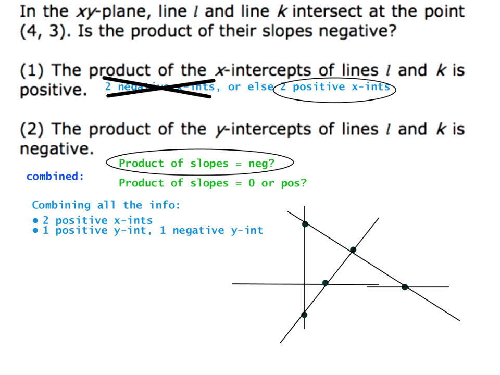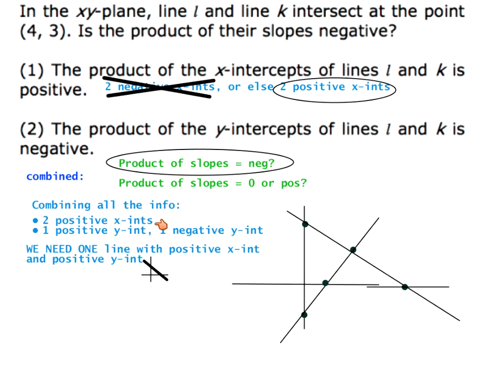So what that means is each of those lines has to have something like that, right? So we need one line with positive x-intercept and positive y-intercept. It's going to look like that every time. It's got to slope downward. That's the only way you can hit both positive axes, if you have a negative slope.